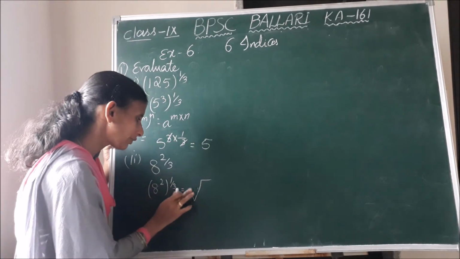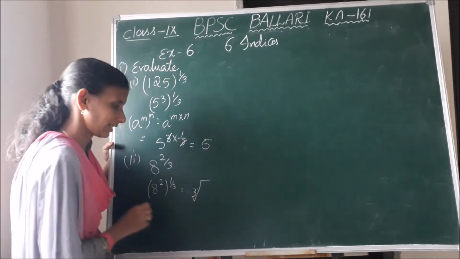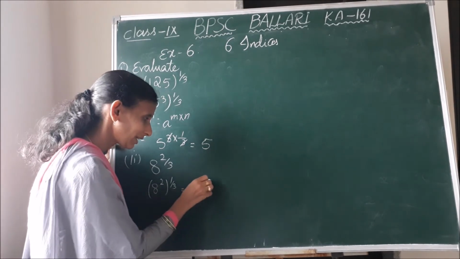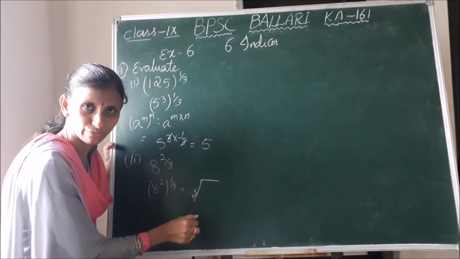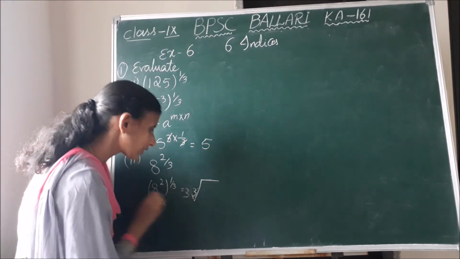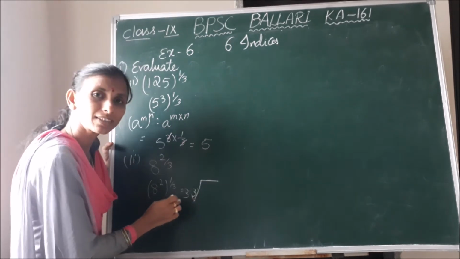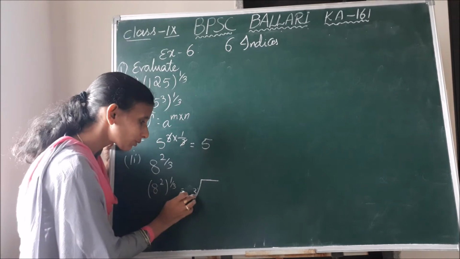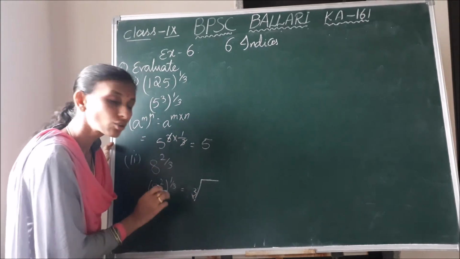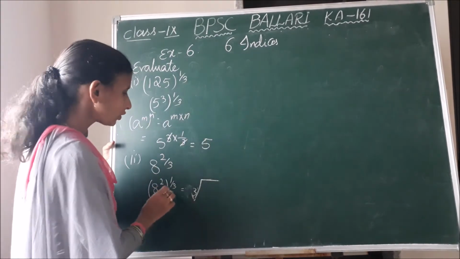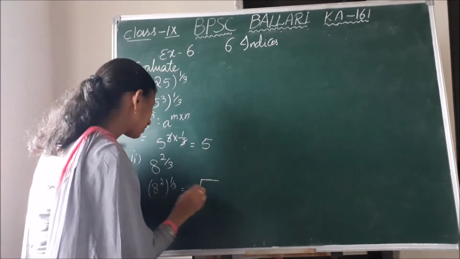So you have to write this in this root itself. It means that it is cube root of some value. If you write it beside this root like this, this becomes 3 into root some value. So inside that root you have to write that 3, so that it means that it is cube root. So cube root of 8 square.